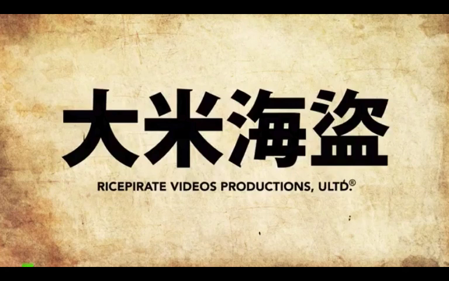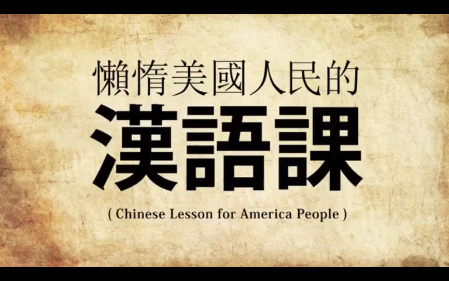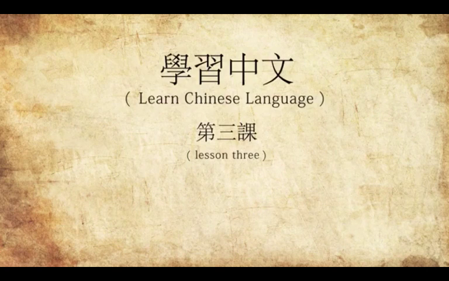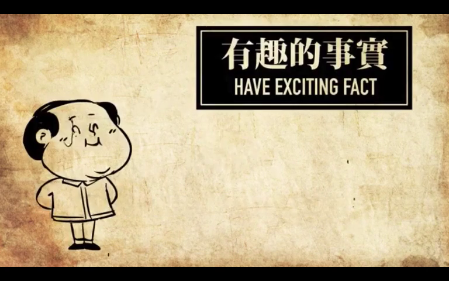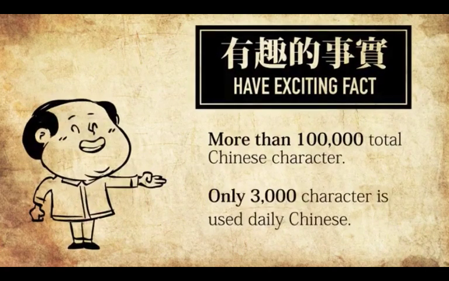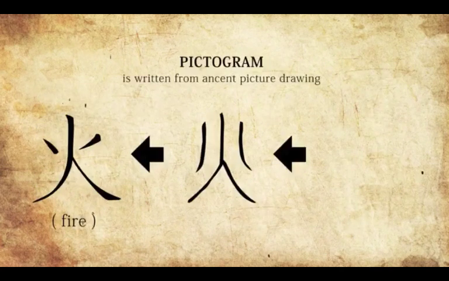USA, it's time to close your big stupid mouth and open your big America stupid eye. It's time to learn the Chinese. Lesson number 3, the Chinese pictogram. In the Chinese language, the word in the writing is a character. Some characters are pictograms. A pictogram is a character that comes from picture drawing.